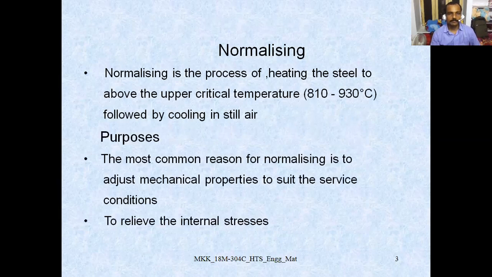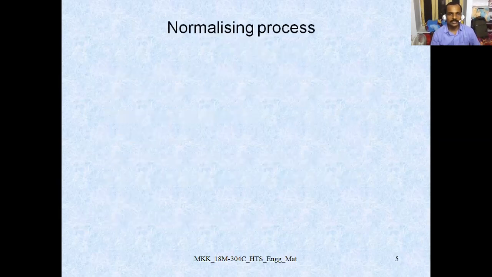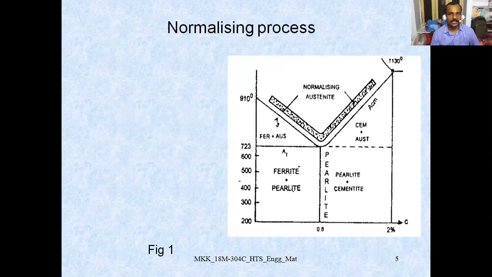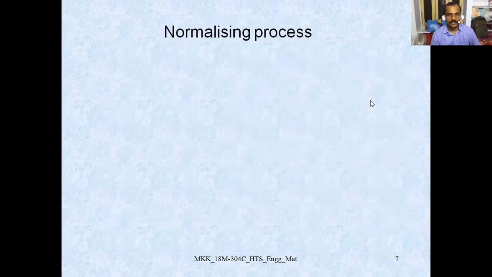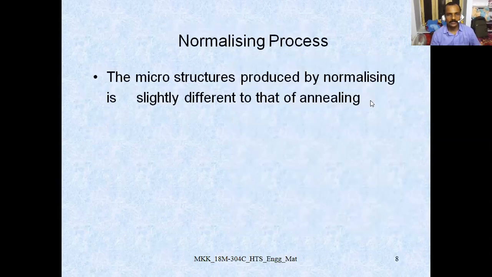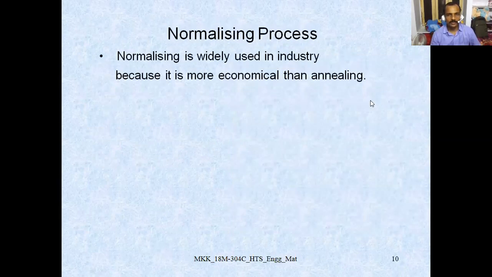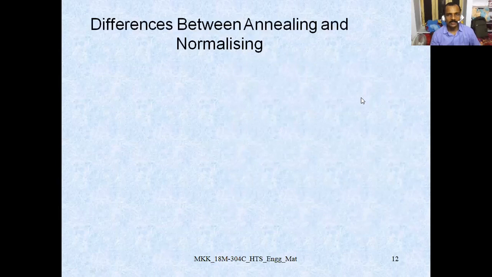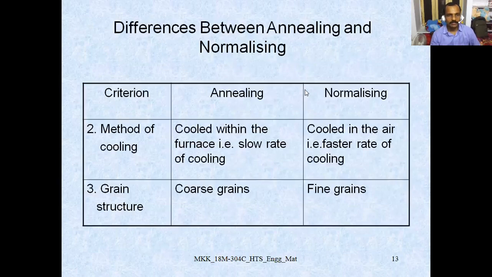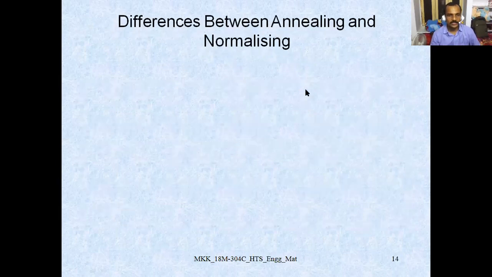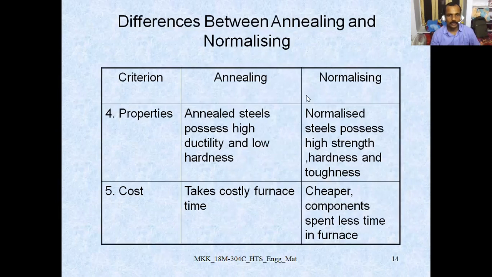We studied purposes of normalizing like grain refinement, relieving stresses, etc. This is the normalizing diagram. Later we entered into several factors for the normalizing process, and discussed the differences between annealing and normalizing with the temperature range, method of cooling, grain structure, properties and cost.